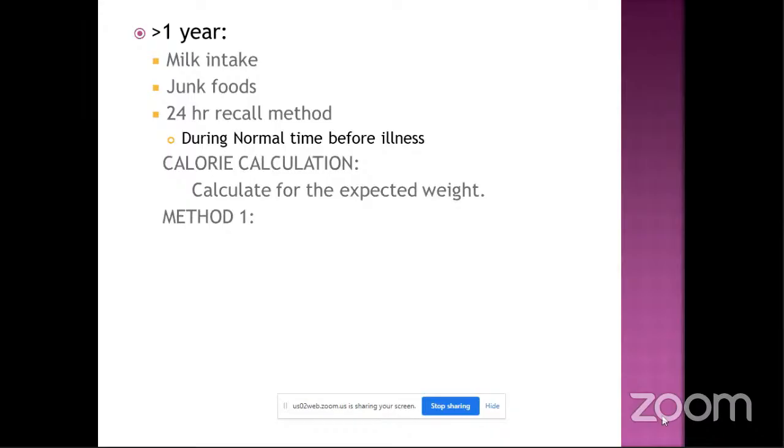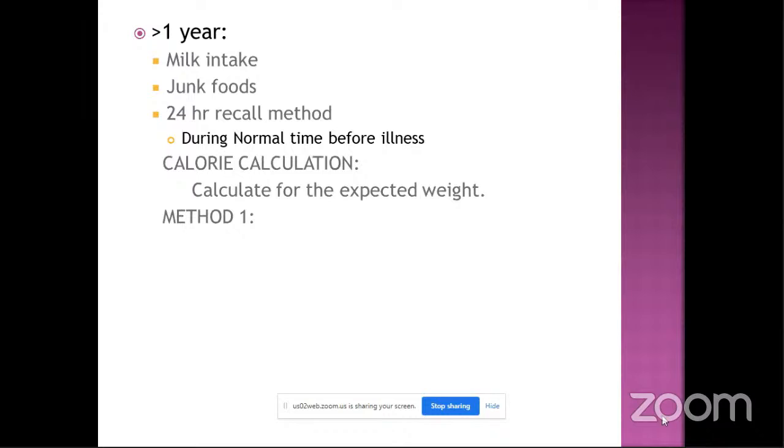If there is milk intake apart from the breast milk, that has to be taken, and the quantity of the milk too. And junk foods or packaged food have to be mentioned separately also. So we'll be dealing in detail with the 24-hour recall method.